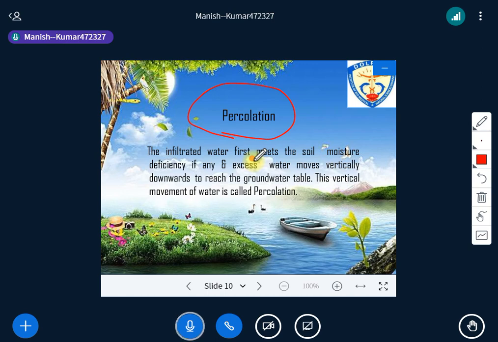If there is a gap in the arrangement of rocks, or, as I told you, maybe cracks in the rocks, water has to cross that part also and reach the groundwater. That is called percolation: first infiltration, and after that percolation.